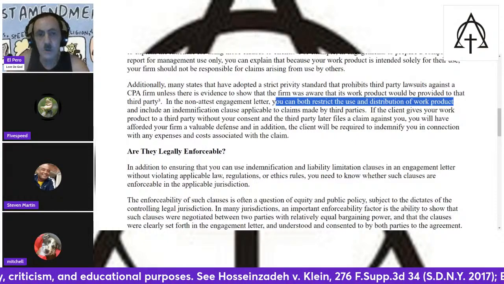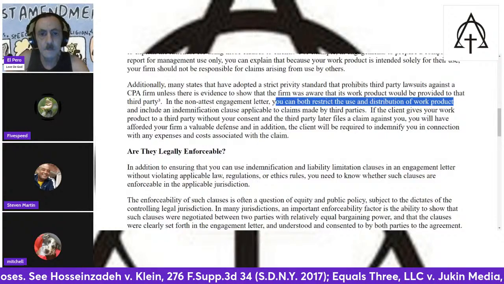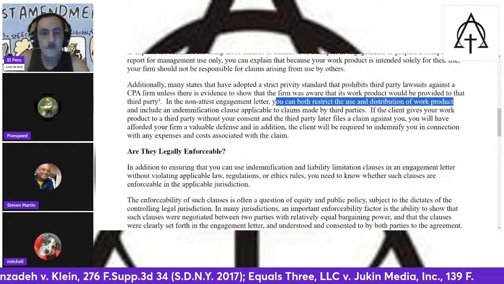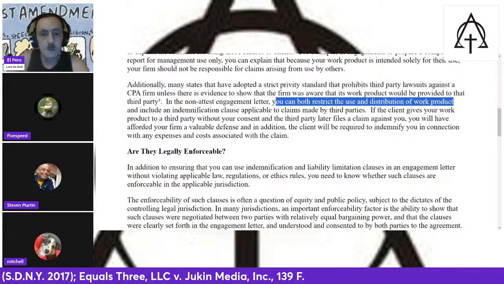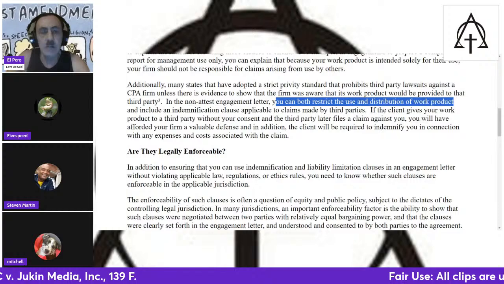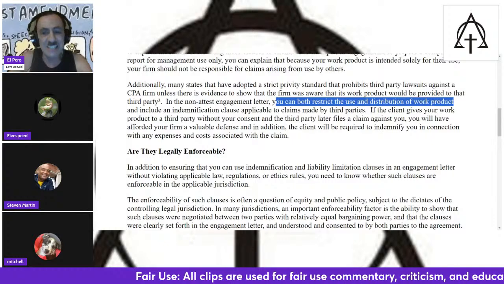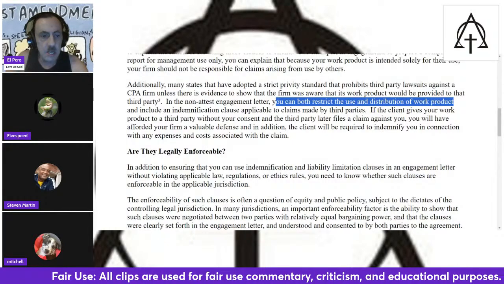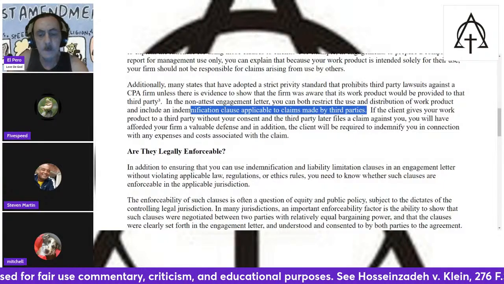Sorry, you can't distribute that name without me giving you permission. Guess what? That's your private placement. You can both restrict the use and distribution. Instead of being an initial public offering as a corporate entity, it's a private placement in trust.